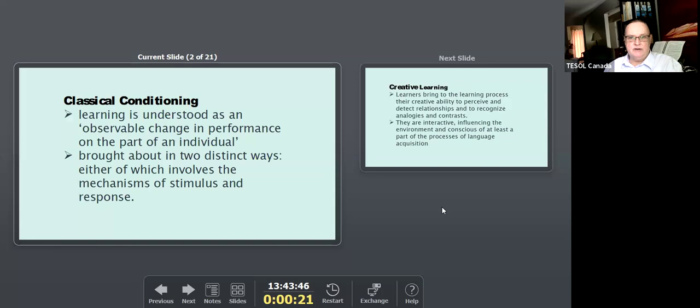Classical conditioning, the learning is understood as an observable change in performance on the part of an individual. If there is no change in the performance, then we can assume that the child is not learning anything. This is brought about in two distinct ways, either of which involves the mechanisms of stimulus and response.